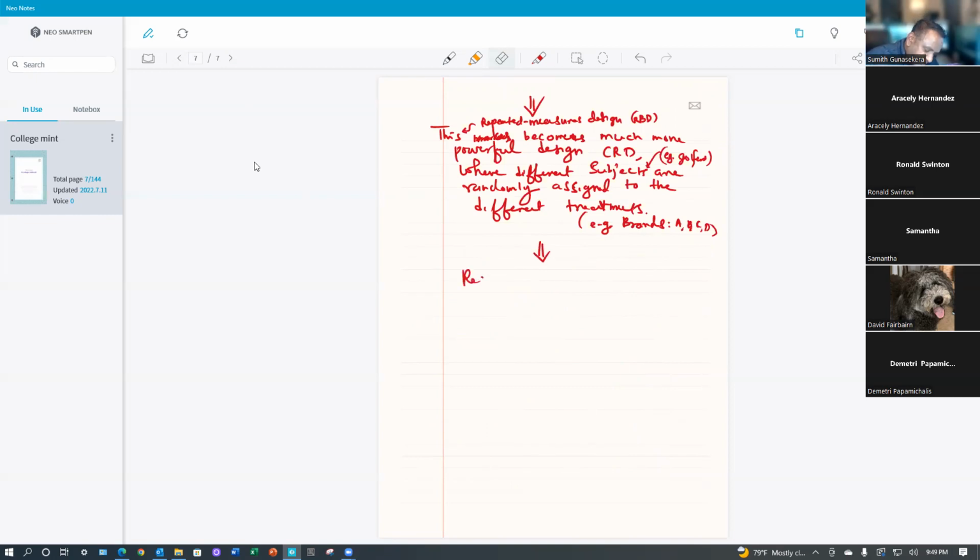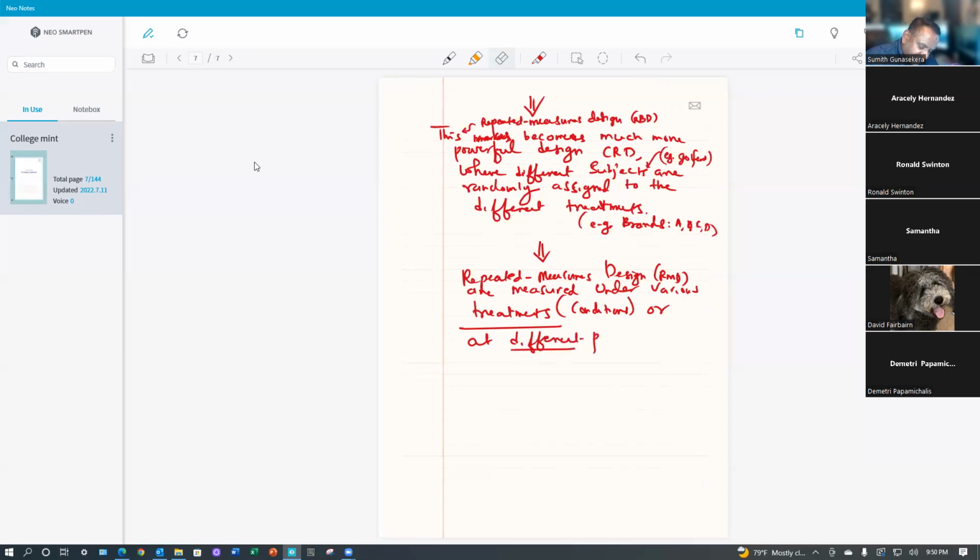So therefore, repeated measures design. I can call that an RMD. Subjects are measured under various treatments or conditions, or at different points in time.